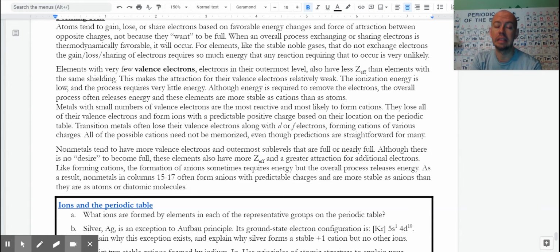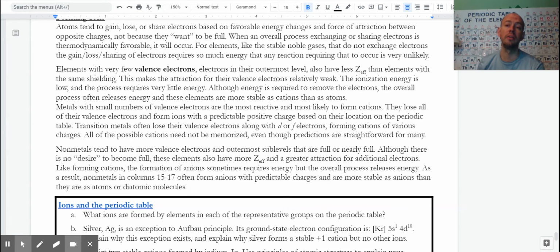So they are very likely in a reaction to lose them. Those small numbers of valence electrons mean that they're going to become ions easily. They lose all of their valence electrons, and we can know their charges. Alkali metals, 1 valence electron, plus 1 charge. Alkaline earth metals, plus 2 charge. Maybe aluminum or gallium, plus 3 charge.